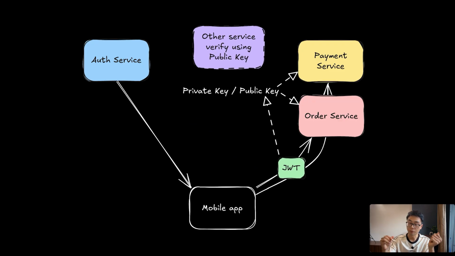After that, when receiving this JWT, the payment service and order service will use the public key to verify it. So we have the flexibility that any service can have the public key, but only the auth service knows the private key, so it's safer than the previous solution.